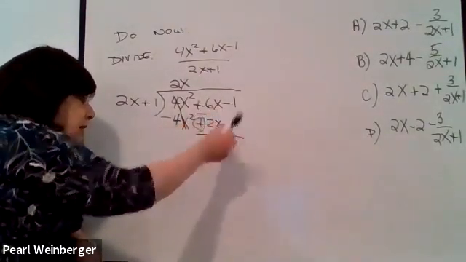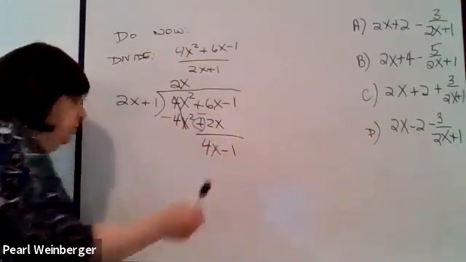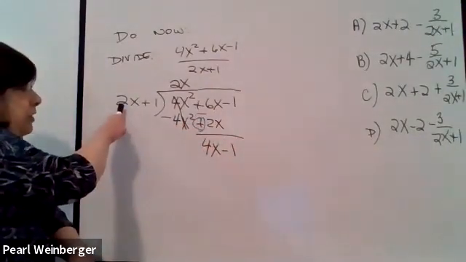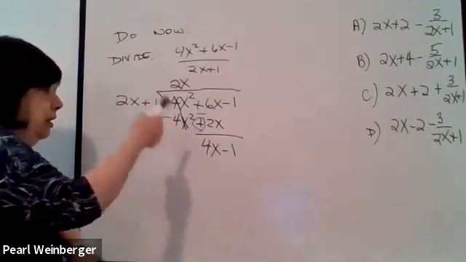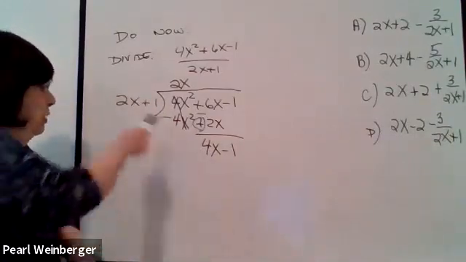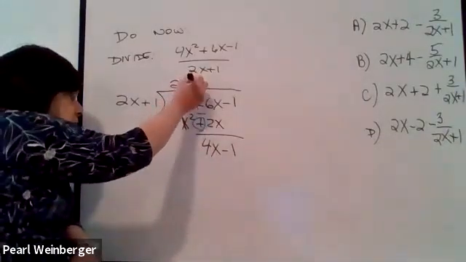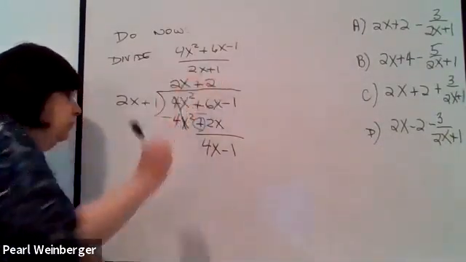And I bring down the next term, which is negative 1. And now I divide the 2x into the 4x. So the 2 goes into the 4, positive 2, and the x's cancel out. So I just put a plus 2 on the top.